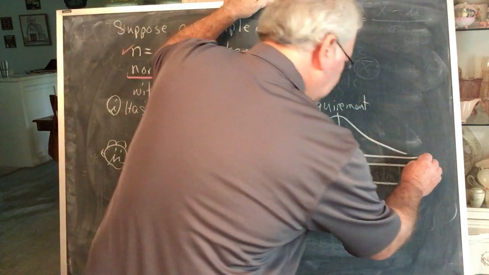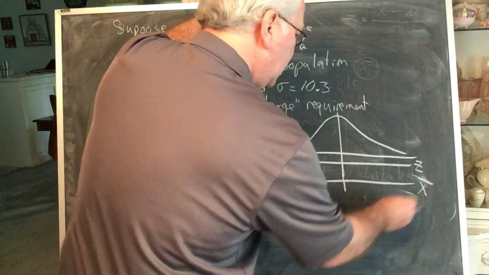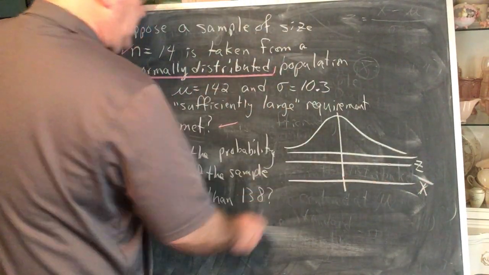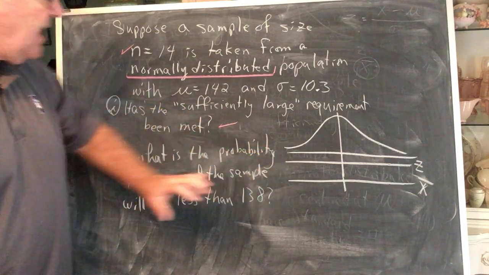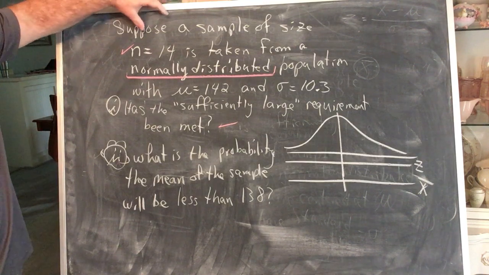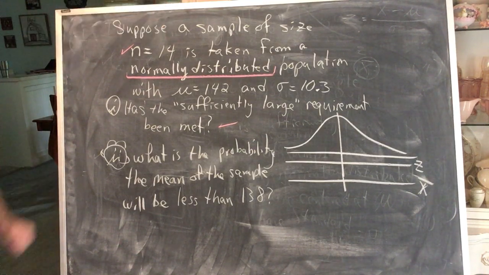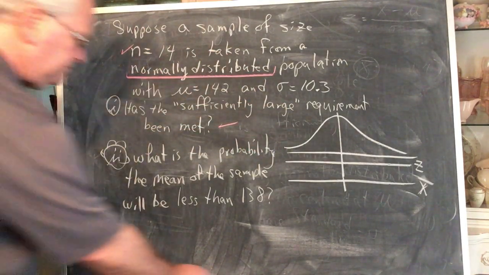But the new piece is, this is still the z-scale. This is now the x-bar scale. What goes on this bottom scale is not individual raw data values. What goes on this bottom scale are the sample means, the sample means taken from this population for samples of size 14. Now, anytime using the normal curve, we need to know where it is centered.